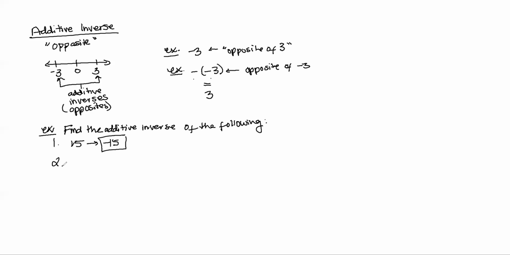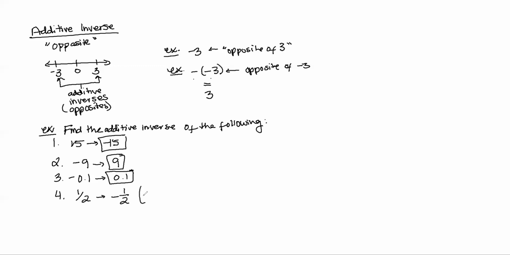Number 2, the additive inverse of -9 is +9. The additive inverse of -0.1 is +0.1, so same with decimals. Same with fractions. If we have 1/2, the additive inverse is -1/2.